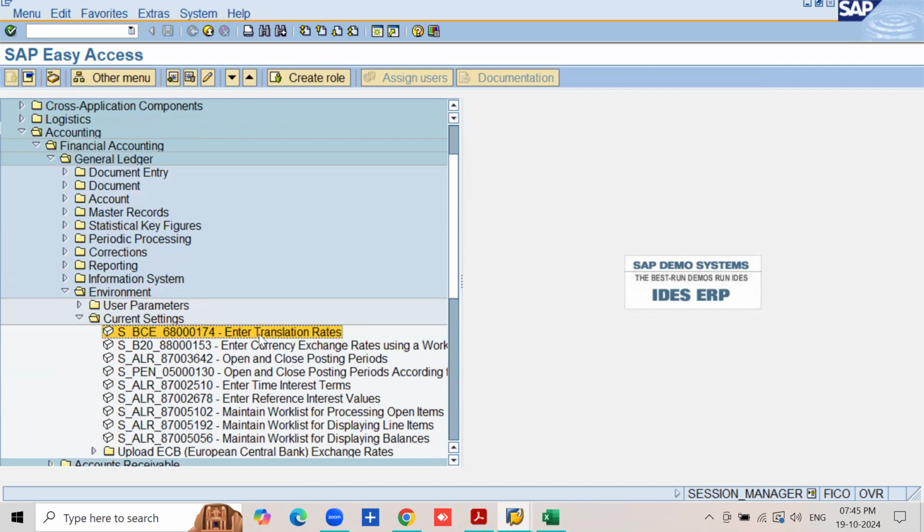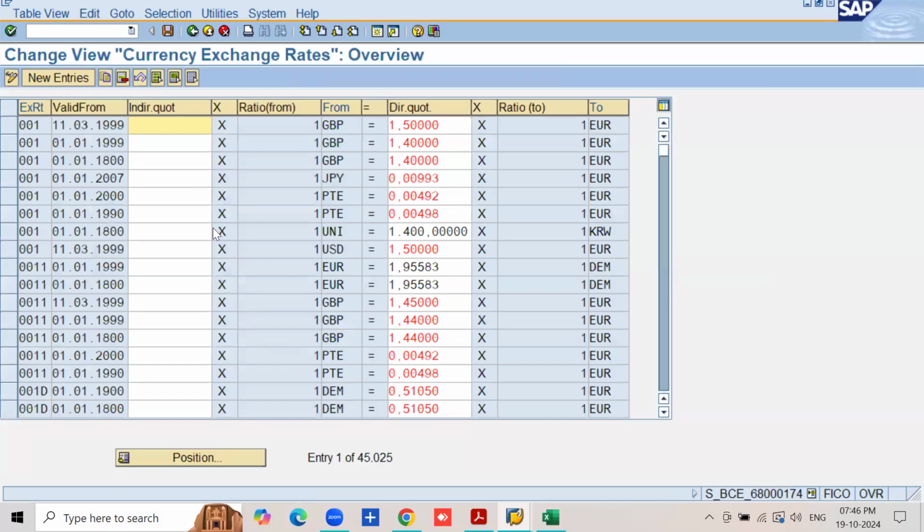S_BCE_68000174. See, if you click on this same screen, okay.